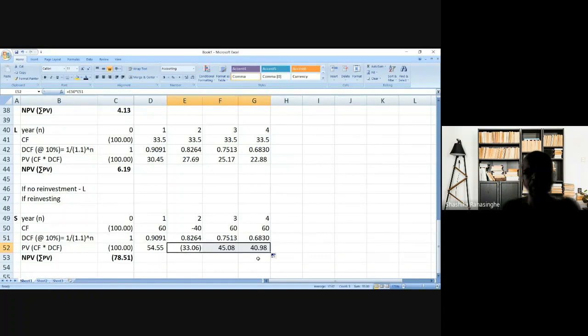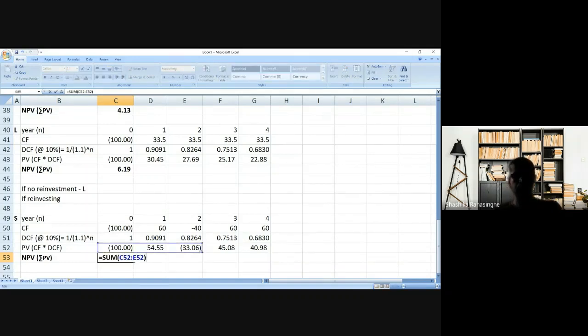Then you discount your cash flows, and you get 7.55. Now between S and L, which one would you prefer?